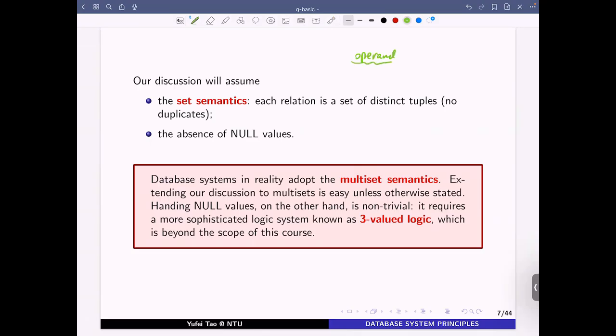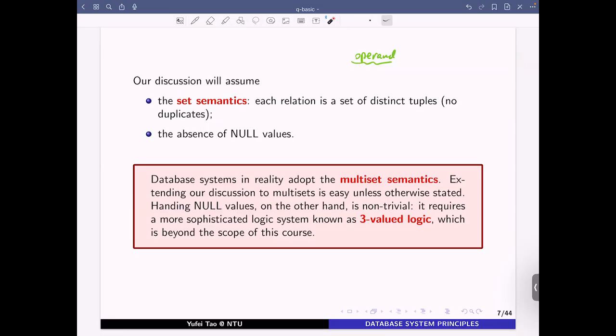Every operand for a relational algebra operator is a relation, just like an operand would be a number for arithmetic algebra operators. So here an operand is a relation. In our discussion, we will assume the set semantics. So here we define a relation to be a set of distinct tuples.